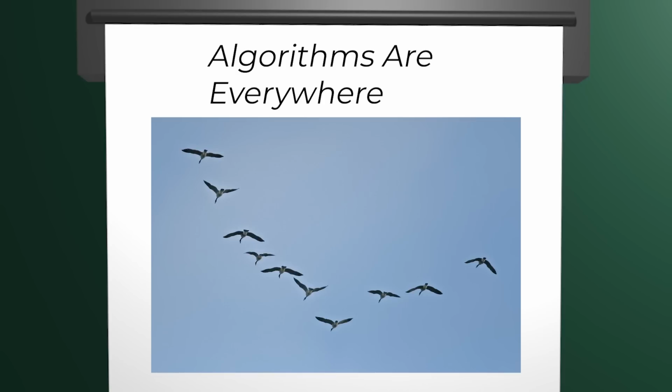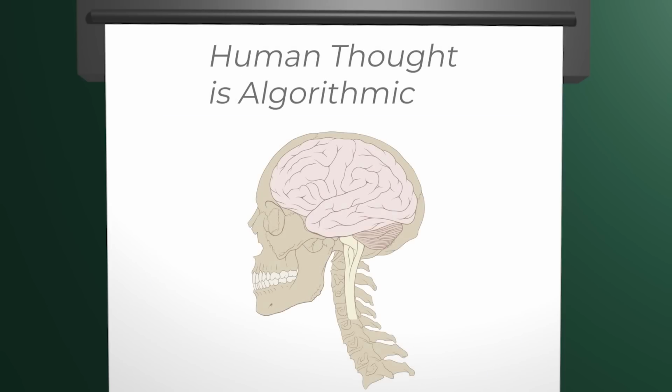And yet, in everyday discourse, the word algorithm is often wielded as a signifier of technological otherness, a way of separating human agency from technological influence. This distinction, however, is itself artificial. When we claim that algorithms control our choices or constrain our autonomy, we fail to recognize that human thought itself is algorithmic in nature, a series of cognitive processes organized to respond to stimuli, solve problems, and achieve goals.